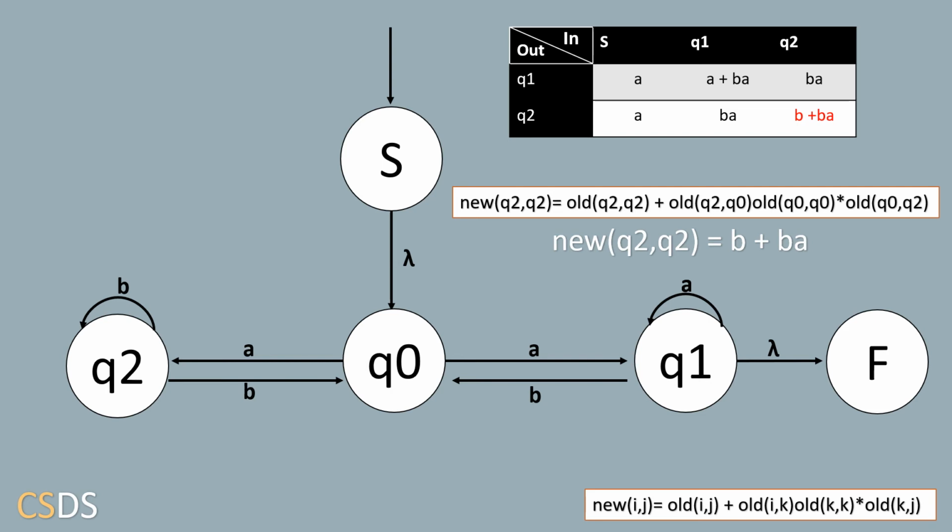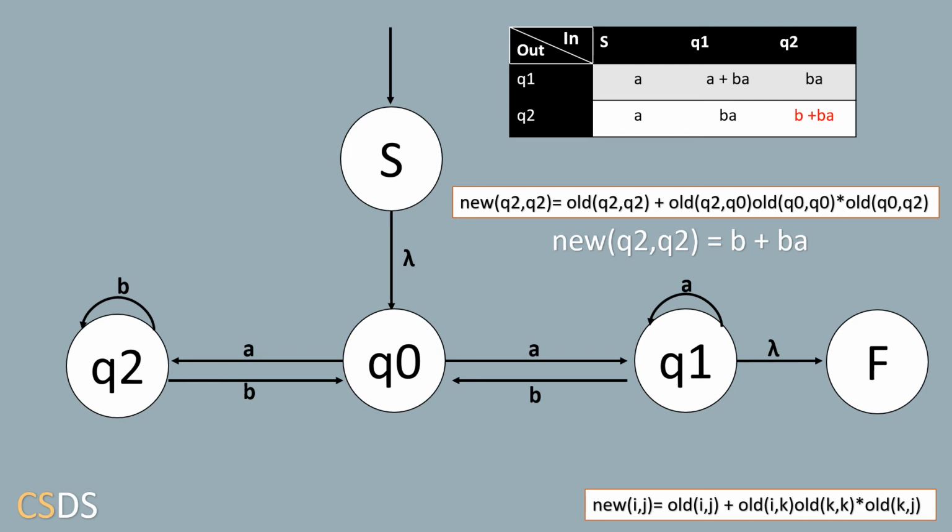First there is a self transition in Q2, so the old transition from Q2 to Q2 is B. The old transition from Q2 to Q0 is B. For Q0, once again, there's no self transition, so we continue to the old transition from Q0 to Q2, which is A. And then, like we said, the old transition from Q2 to itself is B, or B followed by A, which we got from the old transition from Q2 to Q0 and the old transition from Q0 to Q2.